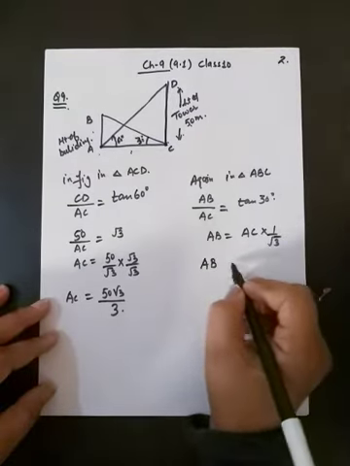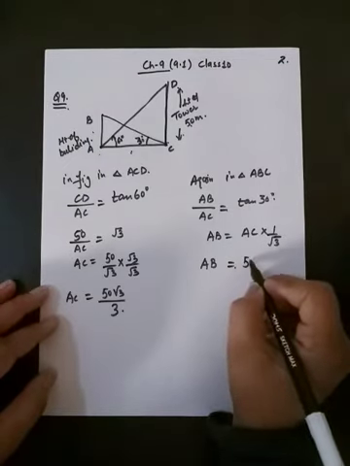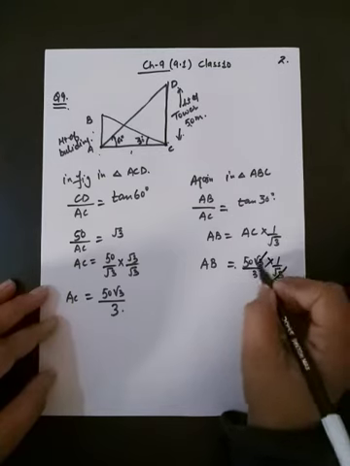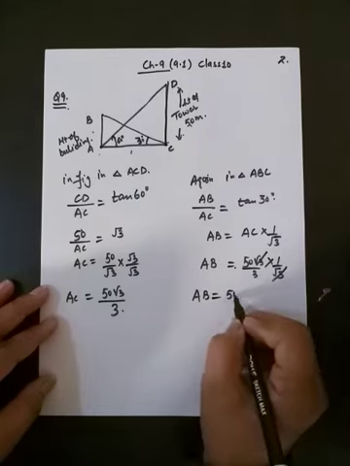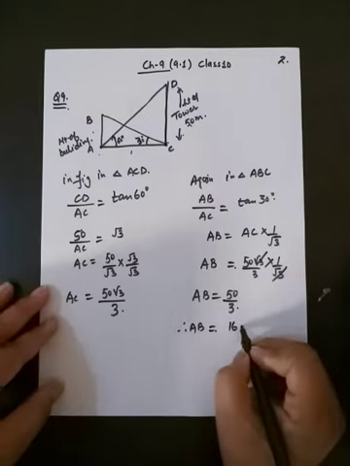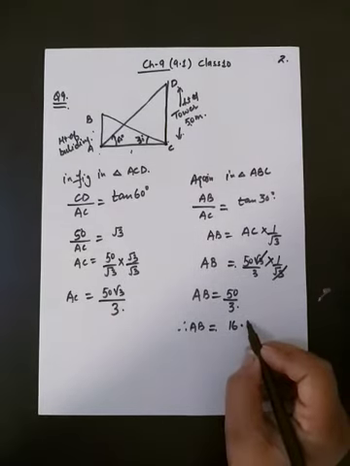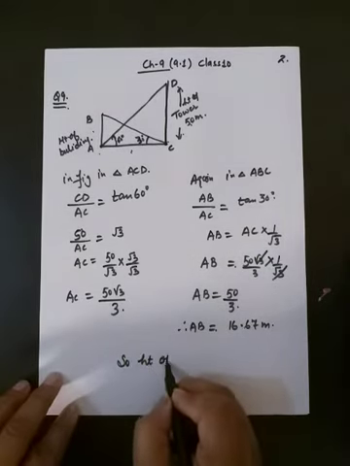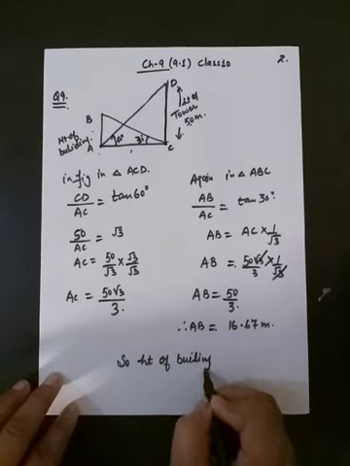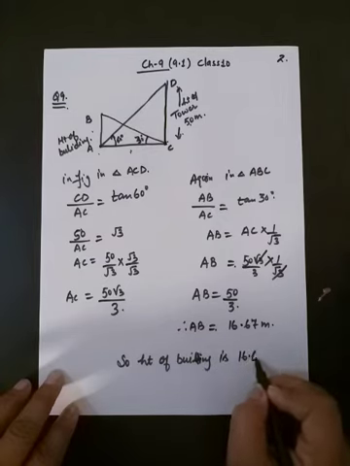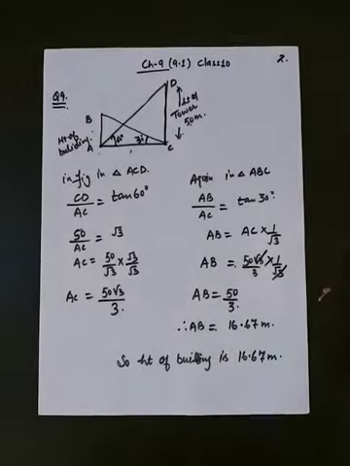We have calculated AC just now, that is 50 root 3 by 3 into 1 by root 3. Cancel, and AB will be 50 by 3. Therefore AB is equal to 16.67 meter. So the height of the building is 16.67 meter.